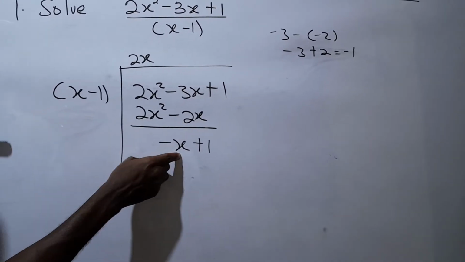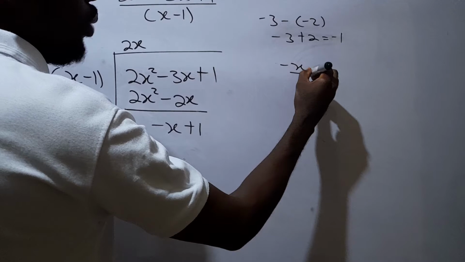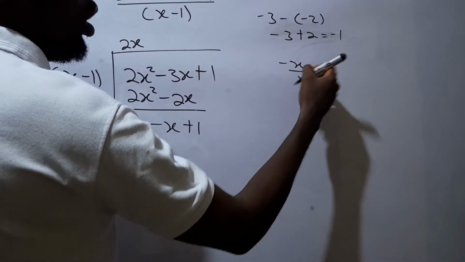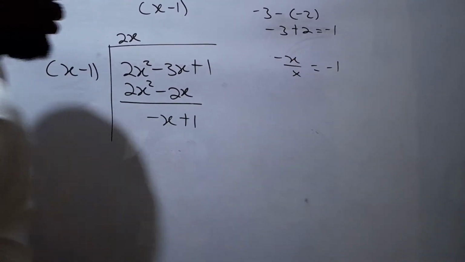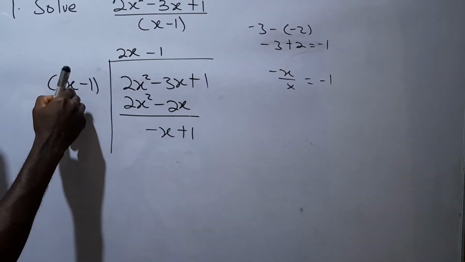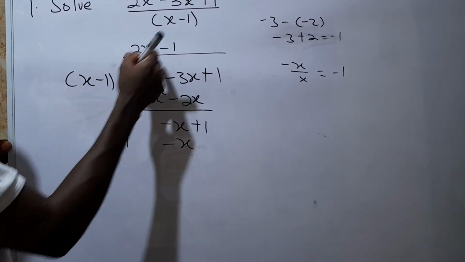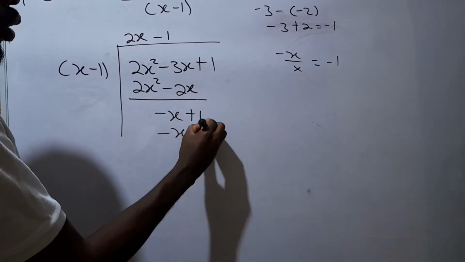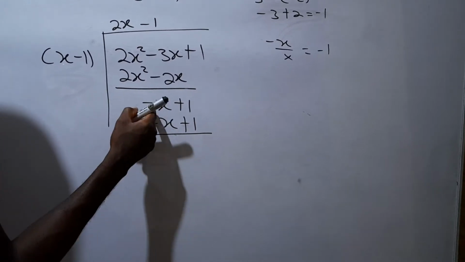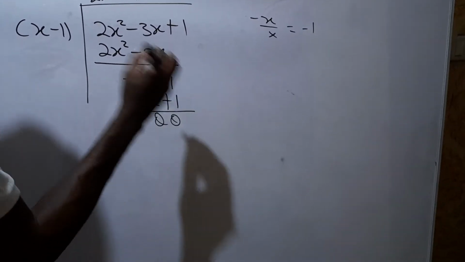So s will go here. We divide this. If we have minus s divided by s, it will reduce the power by 1, so the answer will just be negative 1. S times negative 1 will give you negative s. Negative 1 times negative 1 will be plus 1. Then when we subtract this from this, it is 0. We subtract this from this, that will be 0.